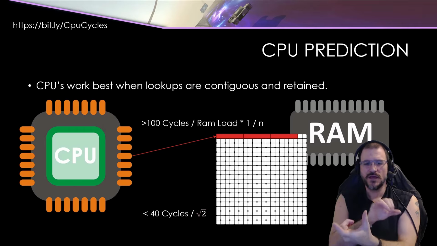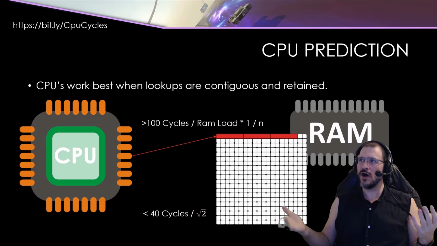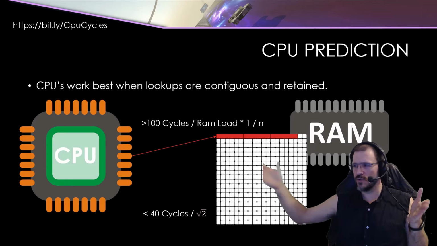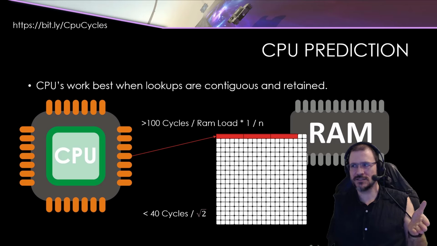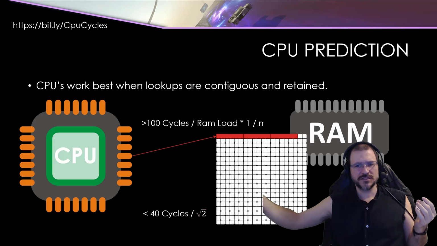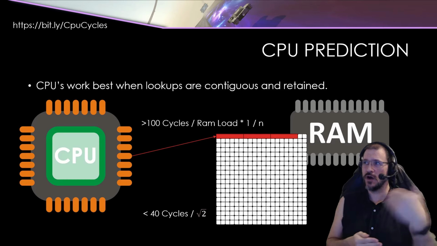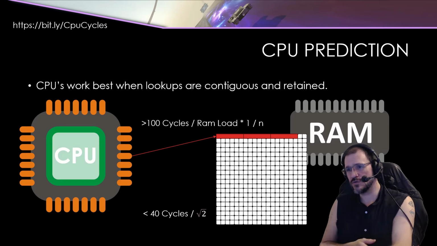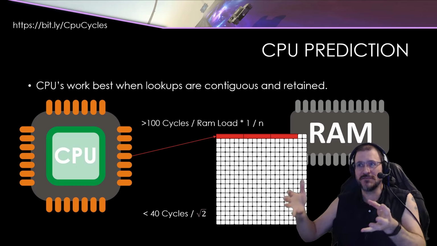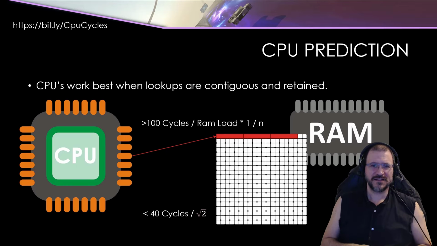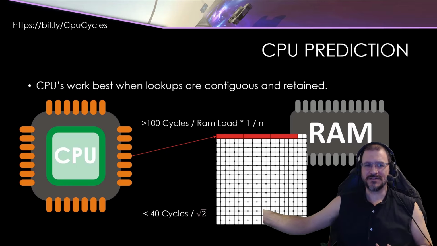So it says, well, you know what? It's not going to cost me anything extra to go grab the next 64 bytes or 512 bytes. So I'm just going to grab that all right now. And so it has it. And if your code actually does use that next piece of memory next, then you didn't have to go out to RAM again.